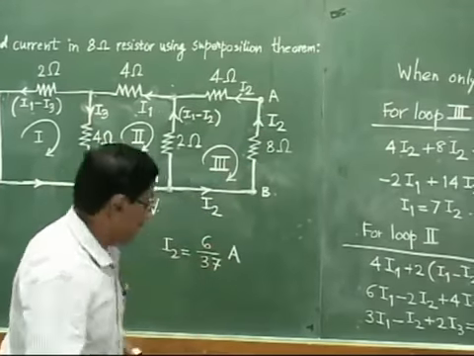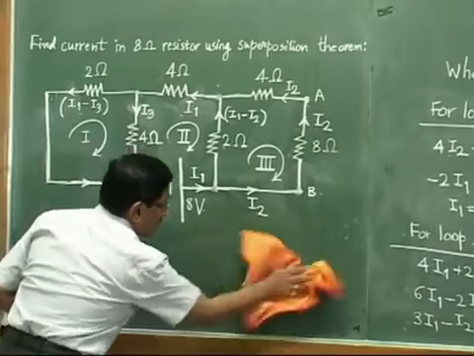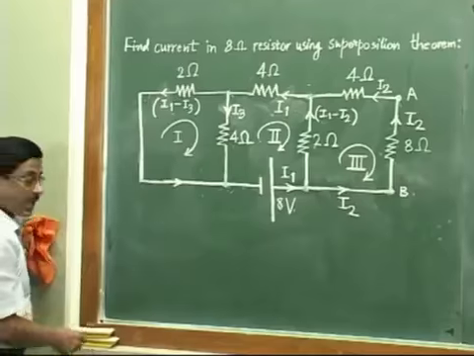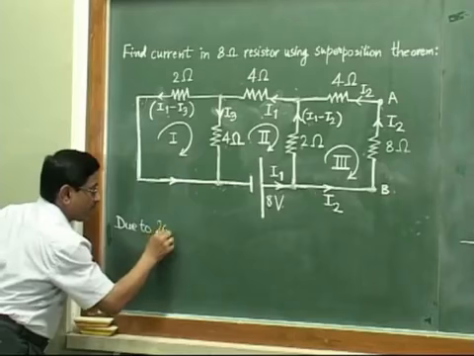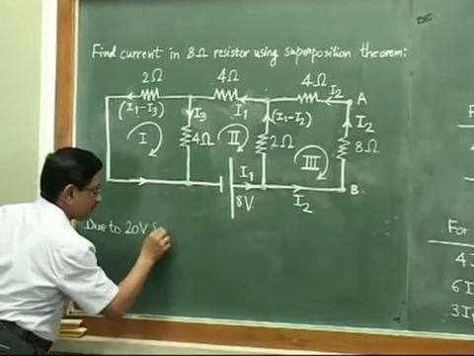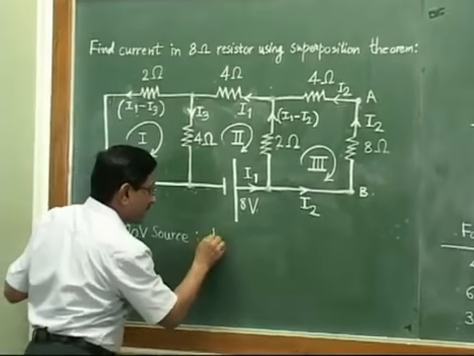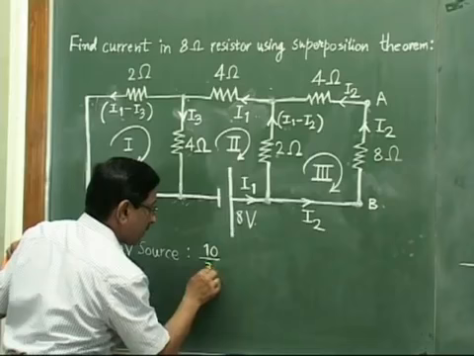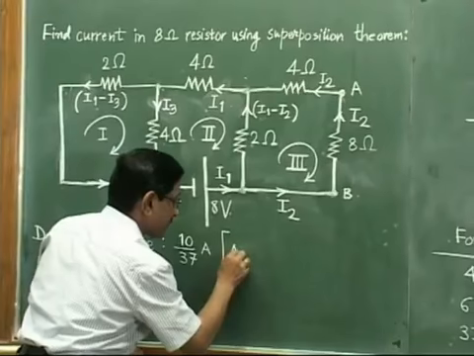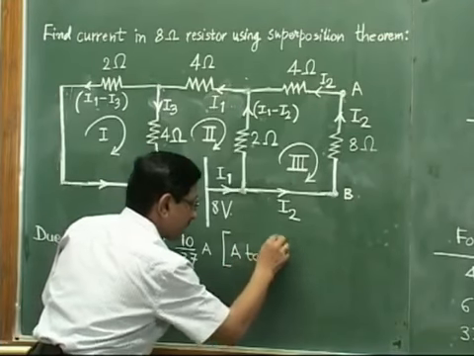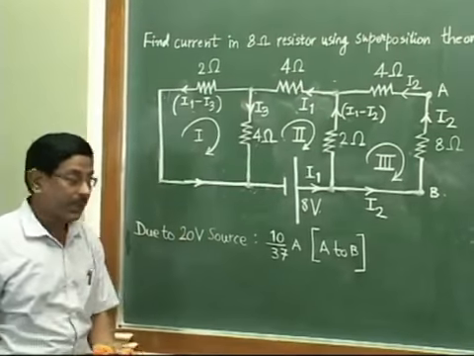Okay, so just here we make one compilation of our results. What we have got with first battery is our first compilation, due to 20 volt source. What was our result? Our result was current was 10 by 37 ampere, but it was from A to B. Because we will need all these results at the end so as to find out the combined effect.